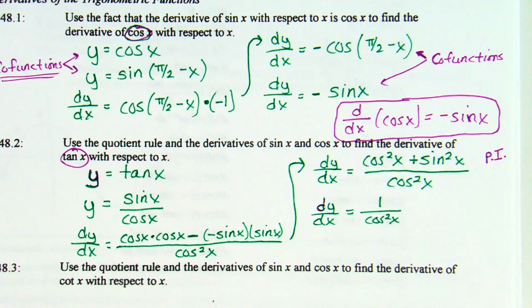What is a different way, or what's equivalent to 1 over cosine squared? What trig function can we write that as? The reciprocal of cosine is secant. So 1 over cosine squared is equivalent to secant squared.